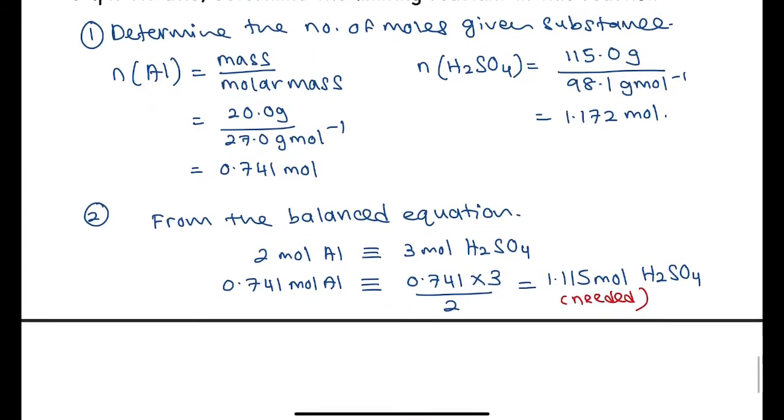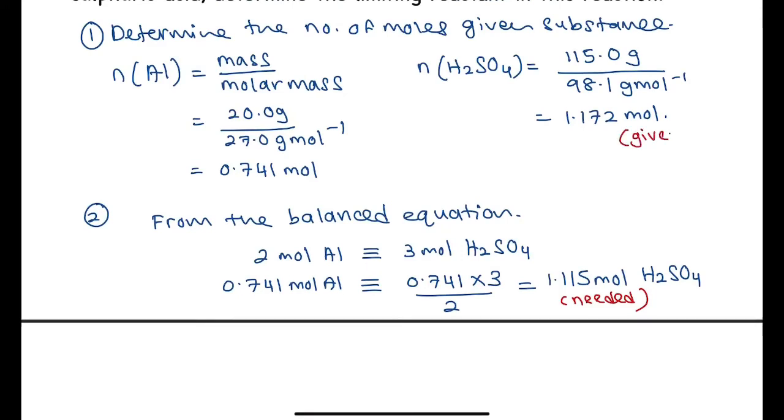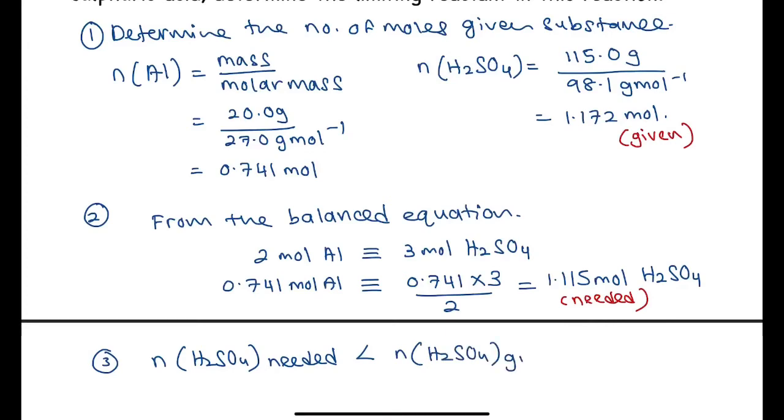Next, let's compare this with the number of mole of sulfuric acid given in this experiment. As you can see, the number of mole sulfuric acid needed is less than the number of mole sulfuric acid given.